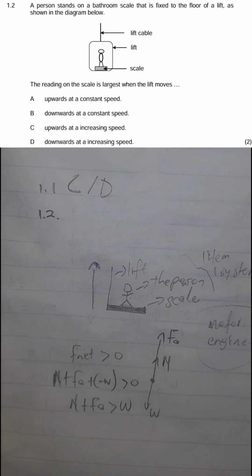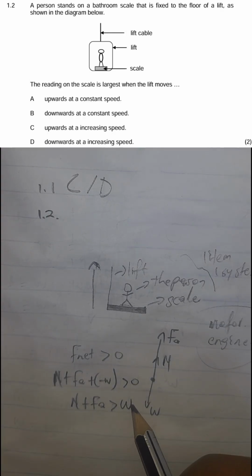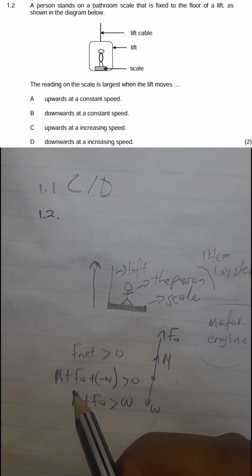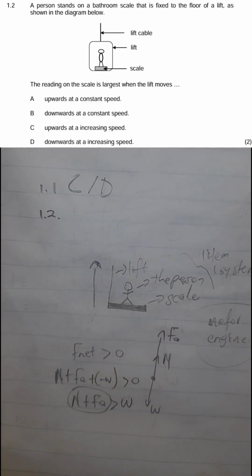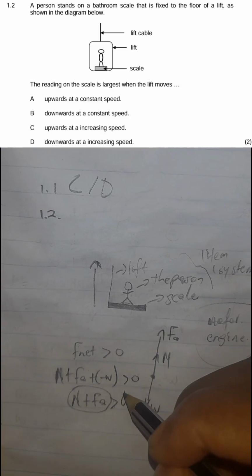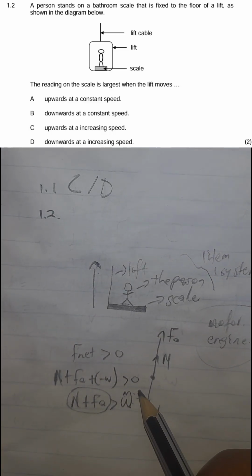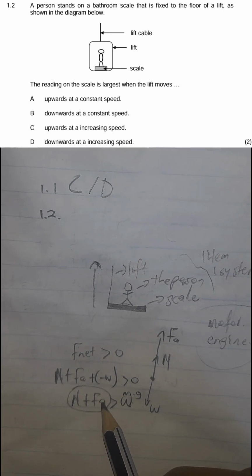Remember what the reading on the scale is. The reading on the scale is the weight of the person. Remember that mg is the original weight of the person. So that original weight is going to be less than the normal force plus the force applied.